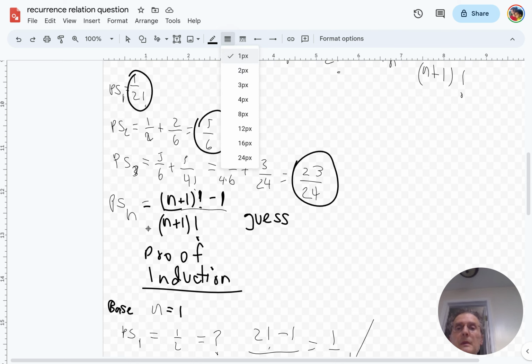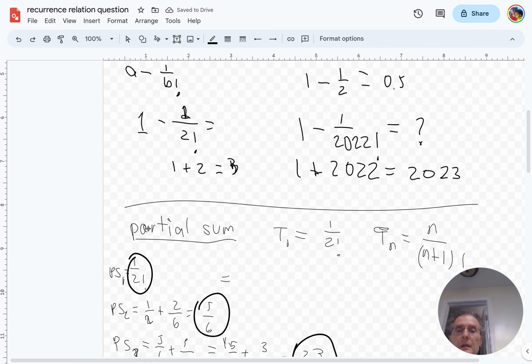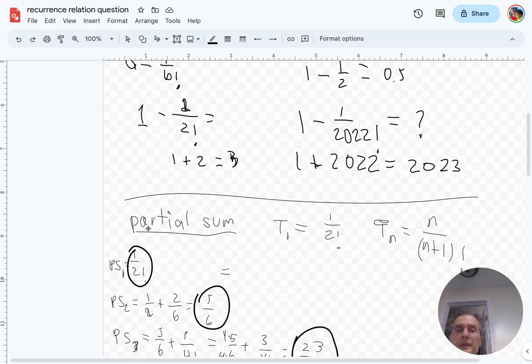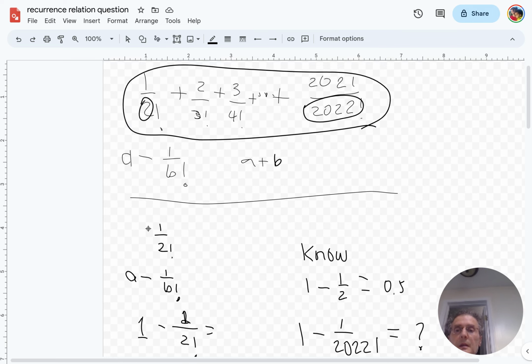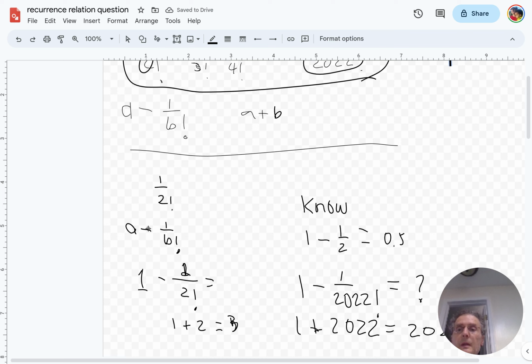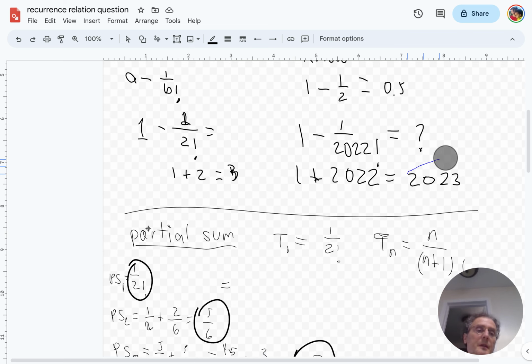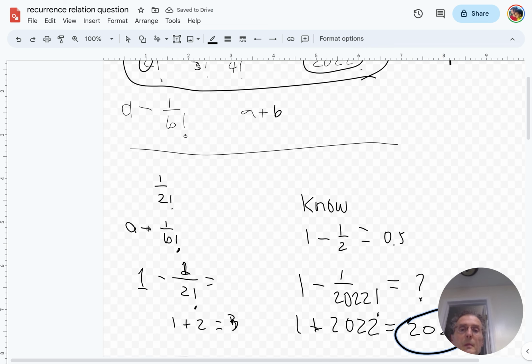It proves that our answer is correct. Because I know that this full series, if it went on to infinity, would equal 1, right? And so this part is okay, and then the answer is this for this particular problem.